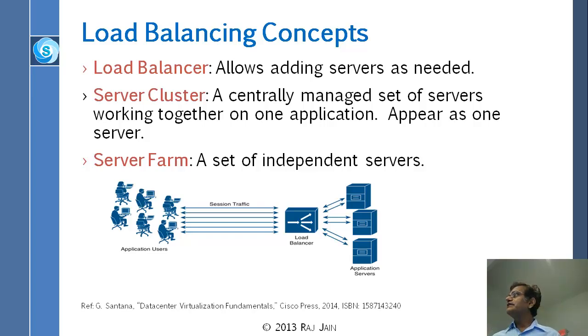And the advantage of this is once you get this box, you can have 3 servers today, 5 servers tomorrow, 7 servers the day after, and 3 servers the day after that. You could change the number of servers. The customers don't know anything about that business. You don't have to have 3 addresses, 3 names, www1, www2, www3, and things like that. Just have one name. All right, so it allows adding servers as needed.